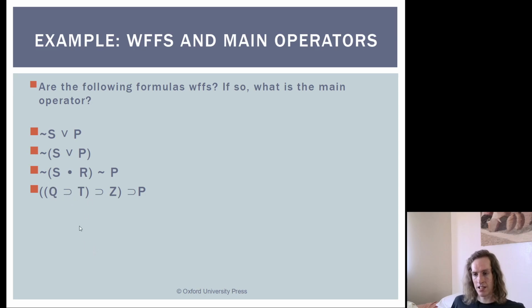So we know that. Then, if that's a well-formed formula, then if Q then T then Z is a well-formed formula. And then we do the same thing again for P here.